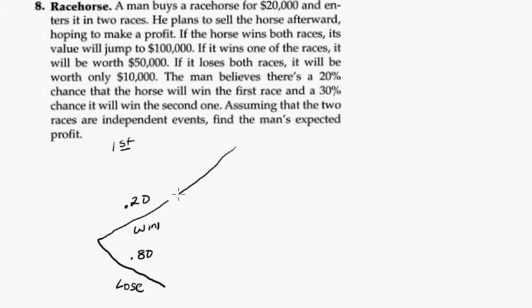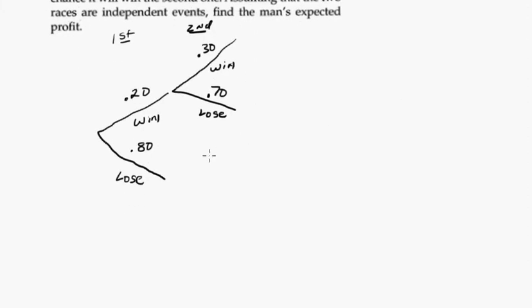Then for the second race, you can either win or lose, and the probability of winning the second race was 30%. So this would be 70%. They have to add up to 1, the branches.